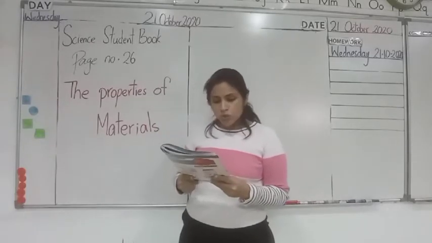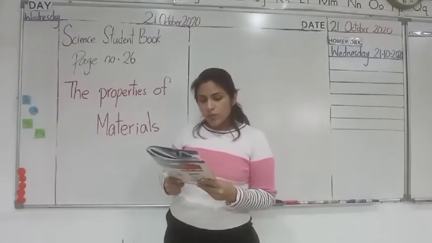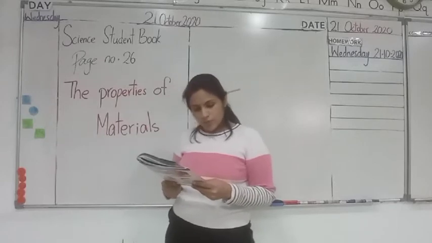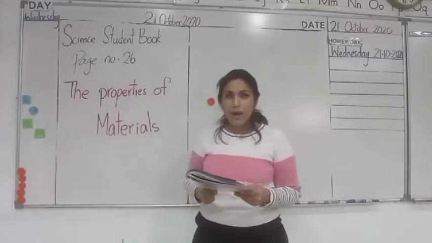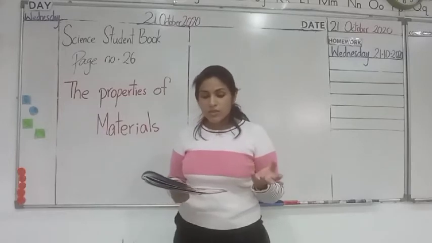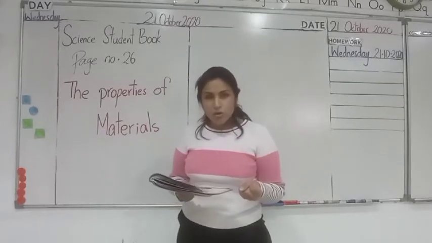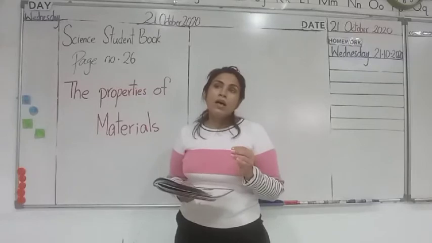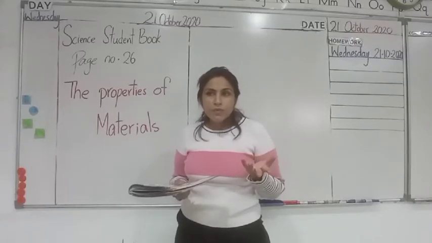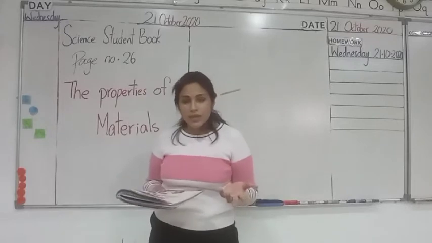Now, things to do, let's follow things to do. Test the properties of a range of materials. You can do this by floating or sinking, or checking whether it is magnetic or not. These are very simple day-to-day experiments which you can easily do at home.